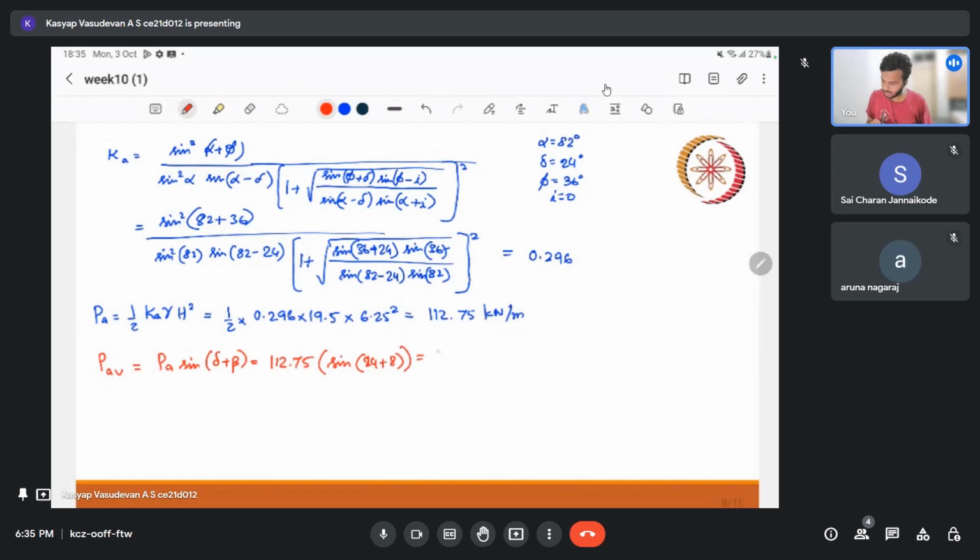This is 95.62 kilonewton per meter. And PAH, the horizontal component, I can write it as PA cos of delta plus beta, that is 112.75 cos of 24 plus 8. This is 59.74.